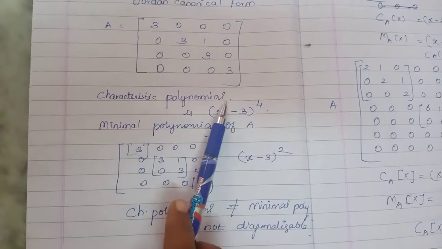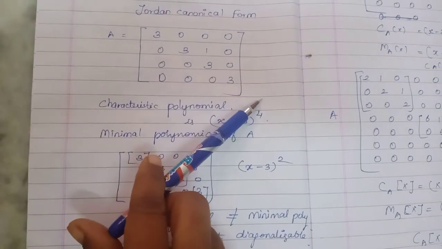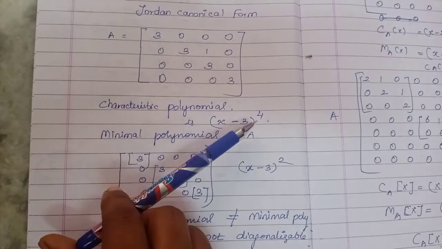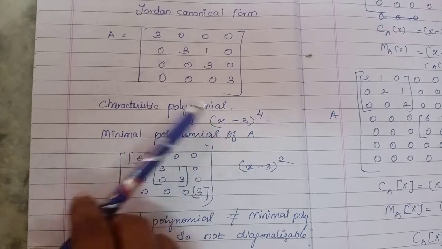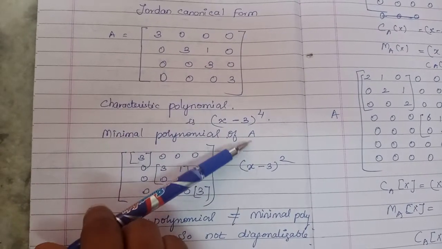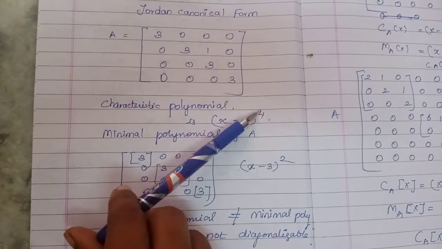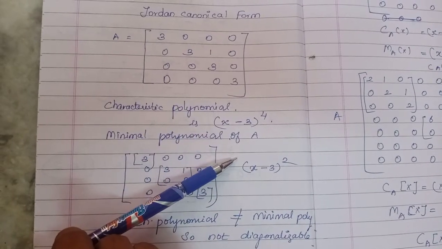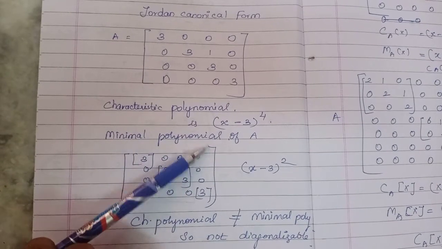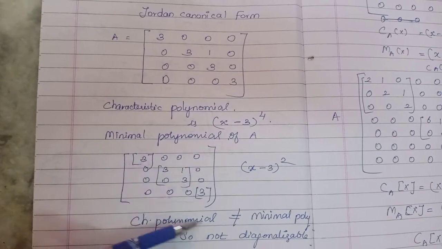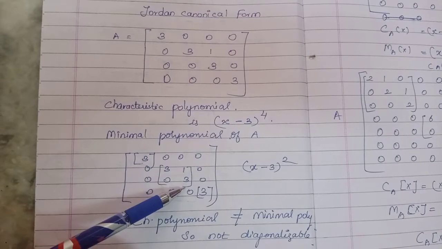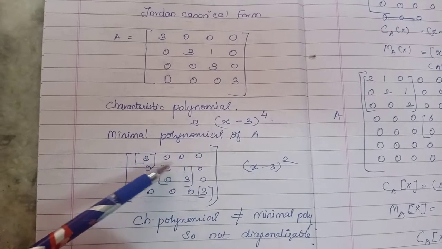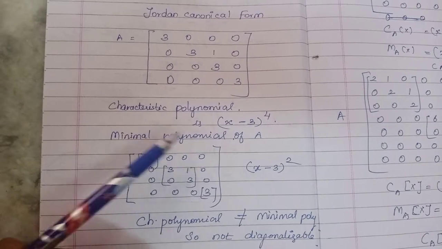Here the characteristic polynomial is given by the roots of the matrix A. So here (x minus 3) to the power 4 is the characteristic polynomial. To find the minimal polynomial we need to find the Jordan blocks; the largest block forms the minimal polynomial.